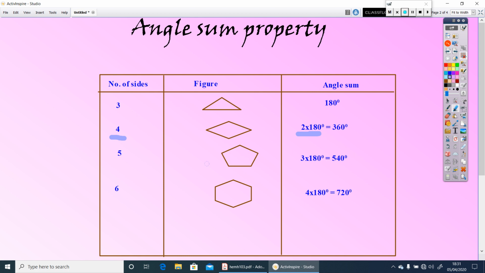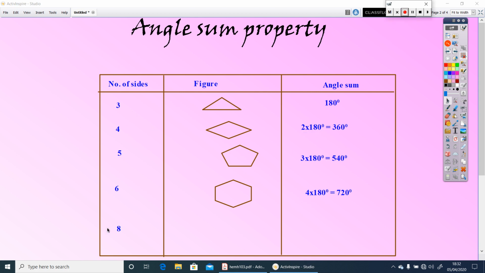If the number of sides is 5, then it becomes 3 into 180. And if the number of sides is 6, then it becomes 4 into 180 degree. So let us see. If it is 4, it is 2. If it is 5, it is 3. If it is 6, it is 4. That means you are subtracting 2 from the number of sides and multiplying by 180 degree.